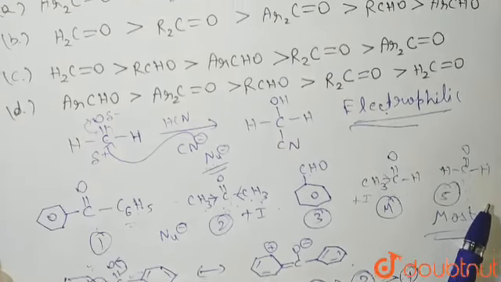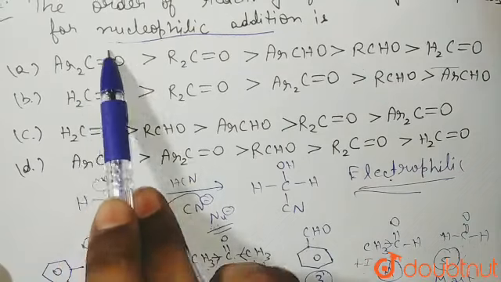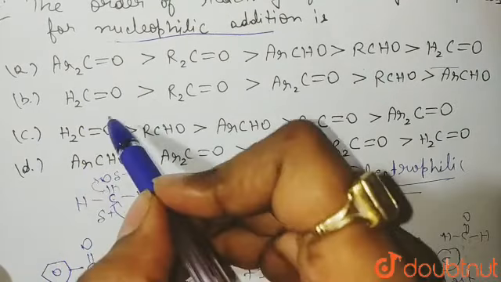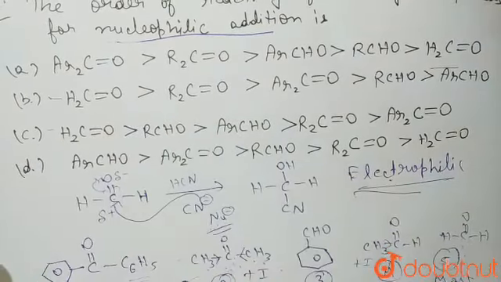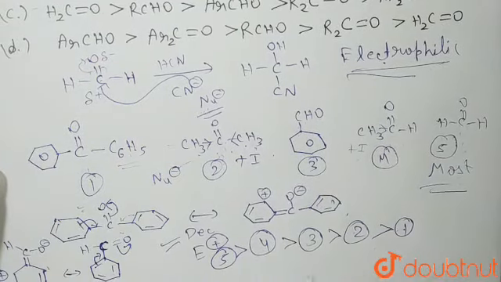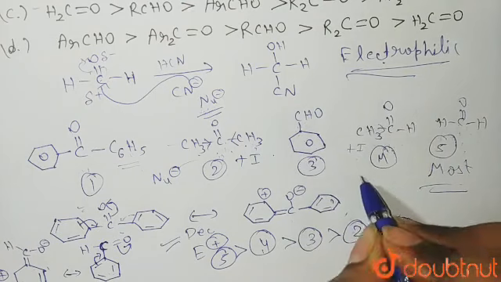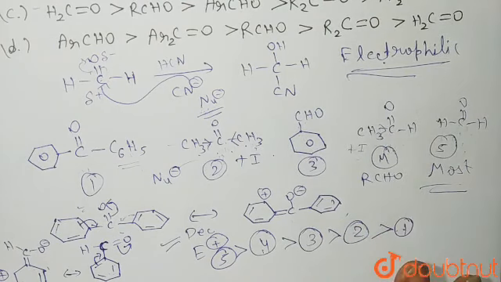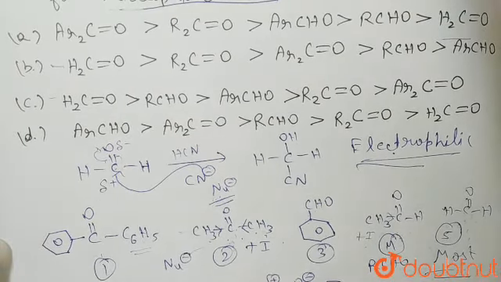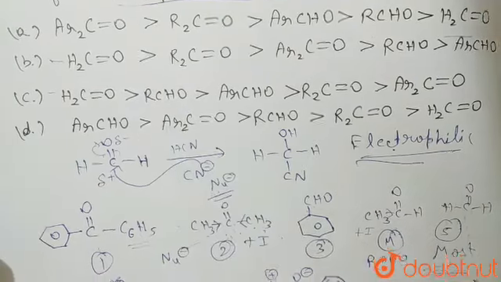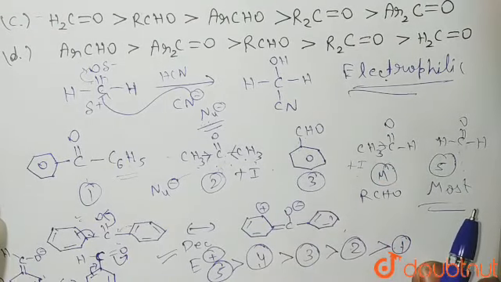If you find it in the options, the most reactive HCHO is only there in 2 options, that is B and C. Then you have 4, and what is 4? Your acetaldehyde, that is an example of RCHO. If you see, only one option has this RCHO. Now let's match the rest as well.